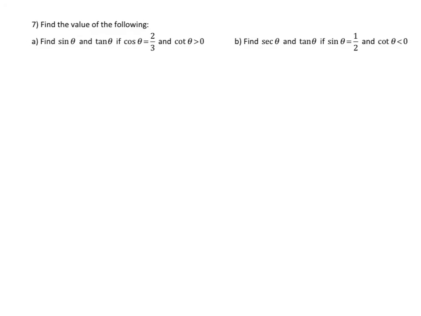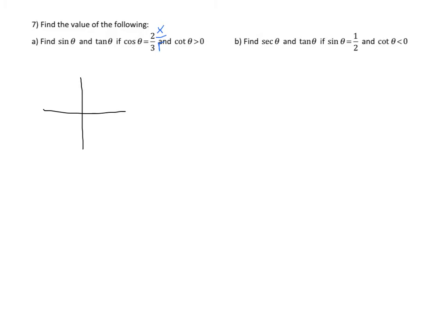Now we're going to find the value of specific trig functions based on some information. So we're going to draw a coordinate plane, and we have to figure out where the angle is first. We want to find sine theta and tangent theta if cosine theta is 2/3 and cotangent theta is greater than 0. First we need to figure out which quadrant we're working in. Remember cosine is x over r.